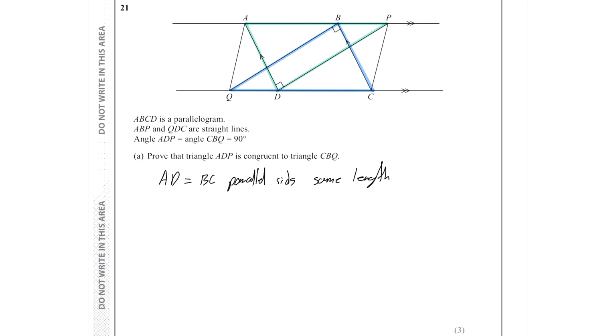Cool, so they both share the same side. That's one side done. And I can see that this angle and this angle are going to be the same because it's an alternate angle like that. Actually, now that I think about it, DAP is equal to BQC.